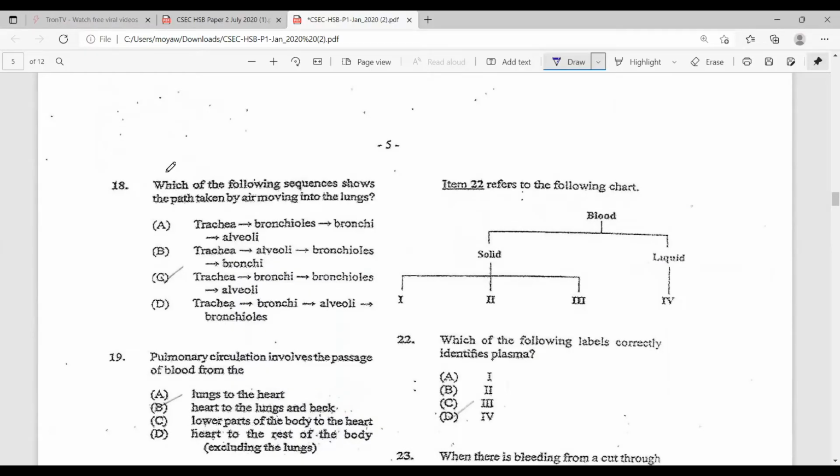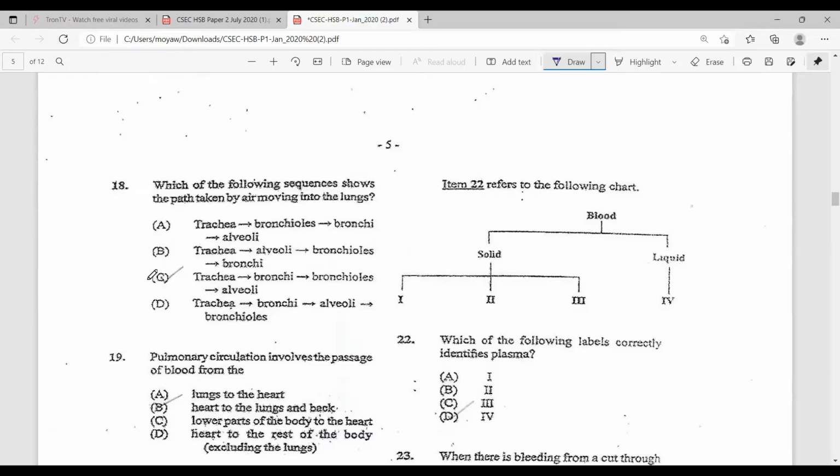Question 18. Which of the following sequences shows the path taken by air moving into the lungs? So we have A, trachea, bronchioles, bronchi, then alveoli. B, trachea, alveoli, bronchioles, and bronchi. C, trachea, bronchi, bronchioles, and alveoli. And then D, trachea, bronchi, alveoli, and bronchioles.